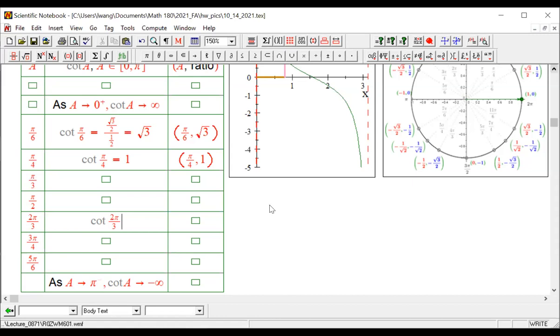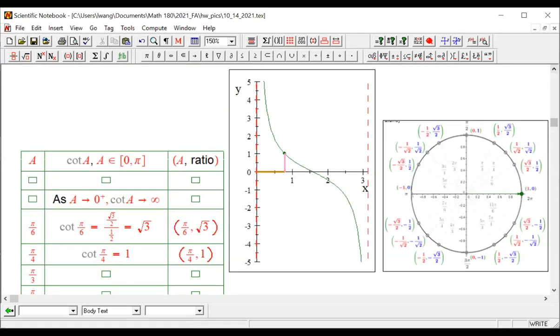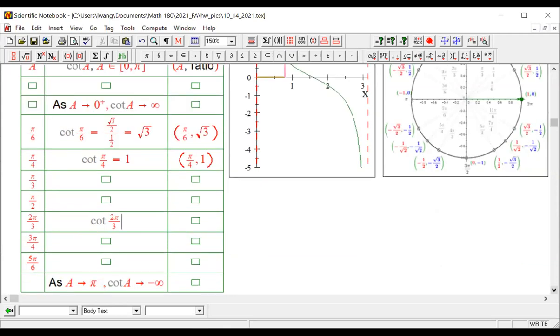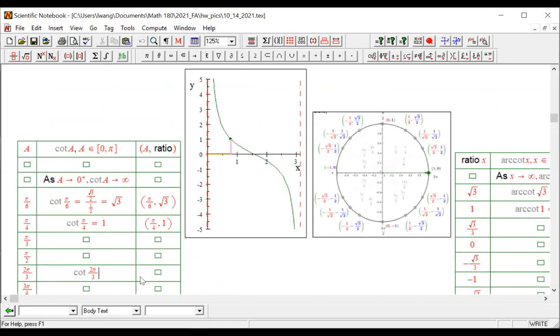Right? So you're going to measure your angle. Okay. Cotangent 2 pi over 3.